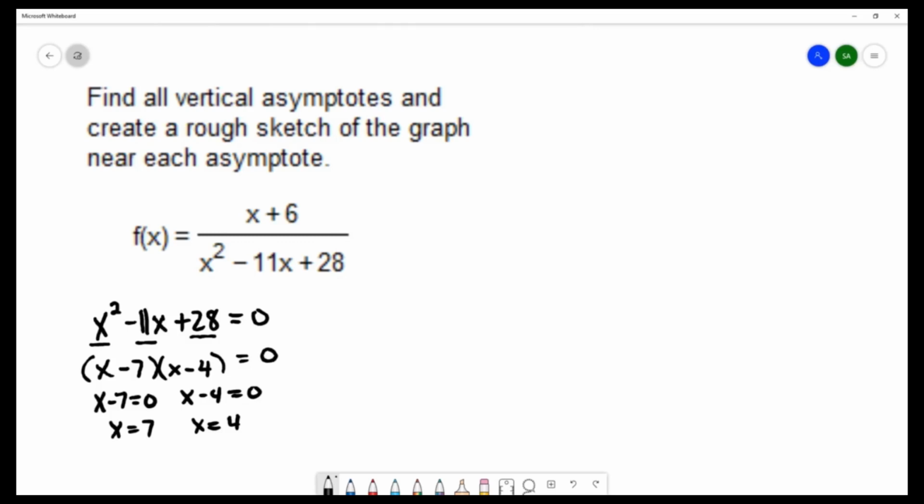But those restricted values might not be vertical asymptotes. They could be vertical asymptotes, or they might be something called a removable discontinuity. So we need to check to see if this function has any common factors.